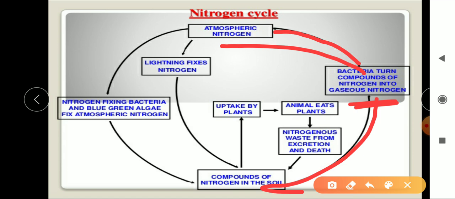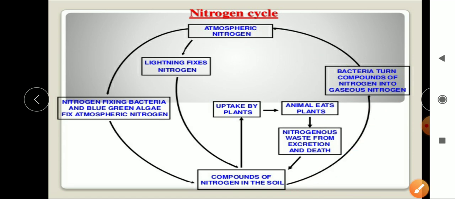Understood? They can be used or utilized by plants from the soil through their root system. Then nitrogen is used for the synthesis of plant proteins and other compounds.